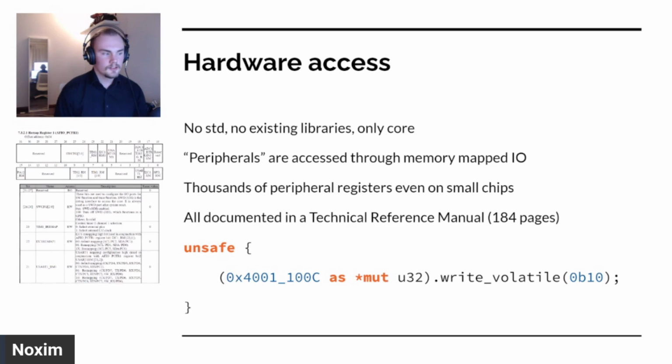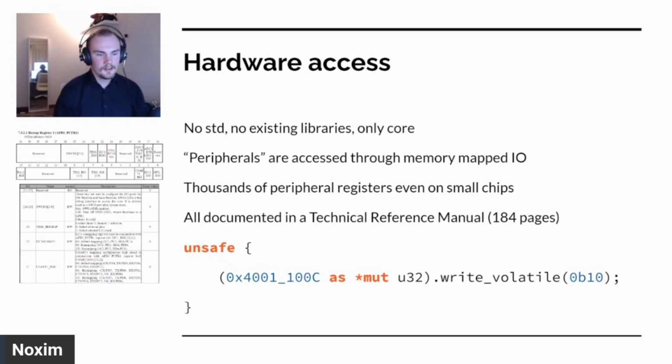And there's thousands of these memory registers, even on these small chips. And they're all documented in what's called a technical reference manual. For this chip, because this chip is very bottom of the barrel, really cheap, it doesn't have many peripherals or hardware functions, but it's still almost 200 pages.